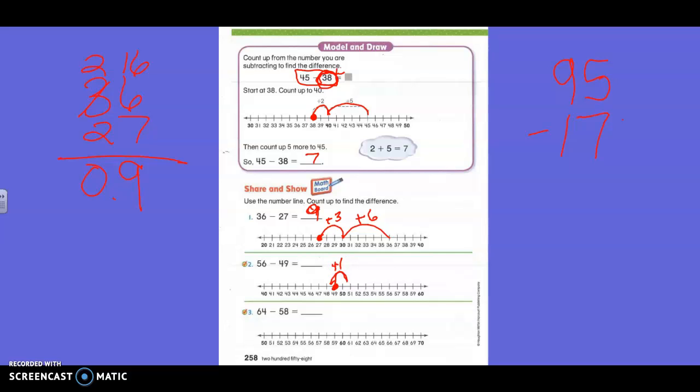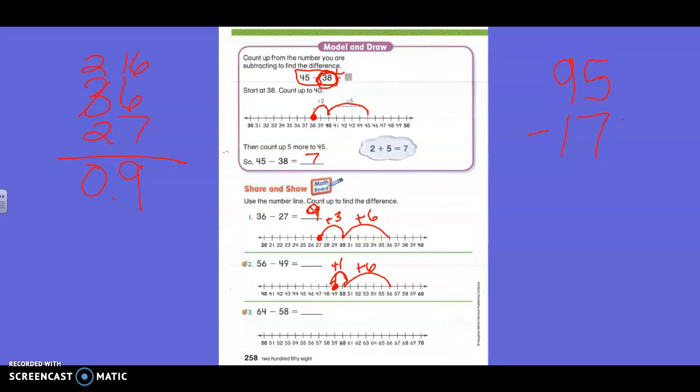Now, what number are we trying to get to? 56. So if you're on 50 and you want to get to 56, how many are you going to jump? 6. Now, what do I do? Ivan? Add your jumps.